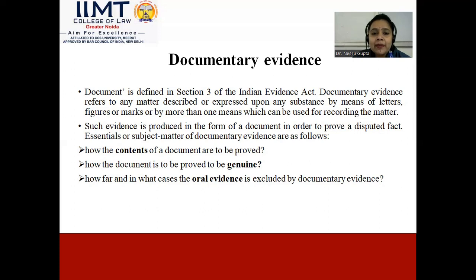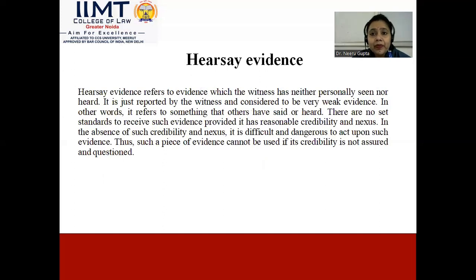Such evidence is produced in the form of a document in order to prove a disputed fact. The subject matter of documentary evidence is as follows: how the contents of a document are to be proved, how the document is to be proved genuine, and in what cases oral evidence is excluded by documentary evidence.